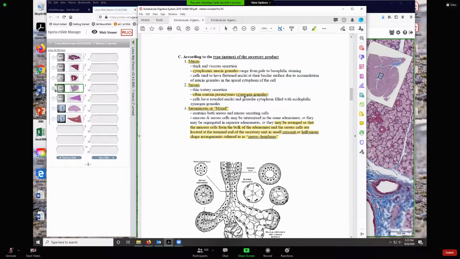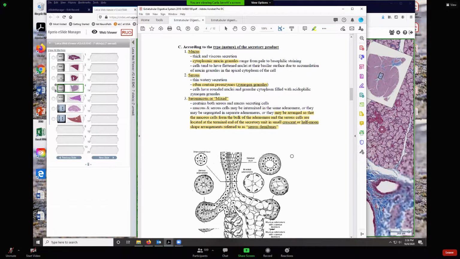Remember, that's just a generic name for proenzymes that are packaged and waiting to be released. Now, seromucus or mixed, they can get to be mixed in different manners. The example you'll see today is something called seromucus with serous demilunes.